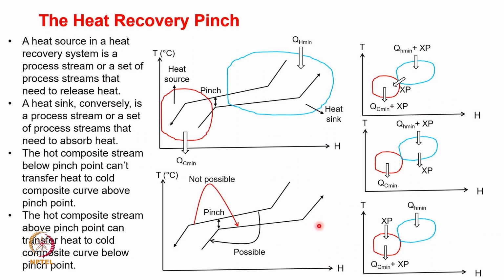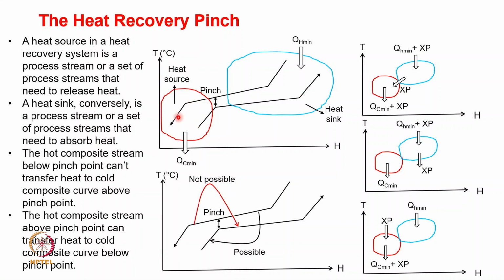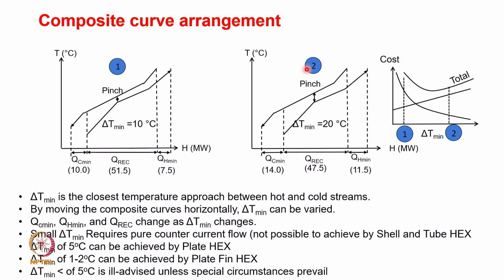So, before that, let us understand what a heat source and a heat sink are. You can see this is the same H versus T plot of the cold stream and hot stream placed against each other, and in the lower part we can see that you will have to provide utilities on the cold side as well as the hot side whenever the curves are not covering each other.